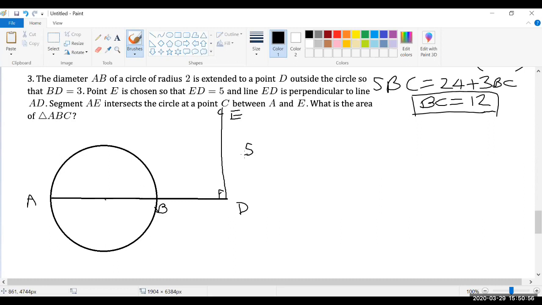It's a little off, should be a little higher, but there's no space. All right, so we have BD equals 3, and then radius 2, so that each of these are 2. Now segment AE intersects the circle at point C between A and E, so right here. It's asking for the area of ABC.